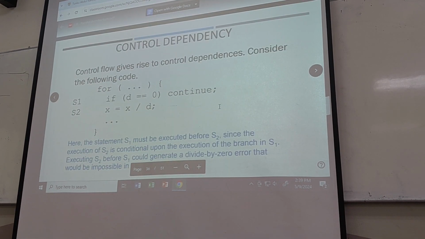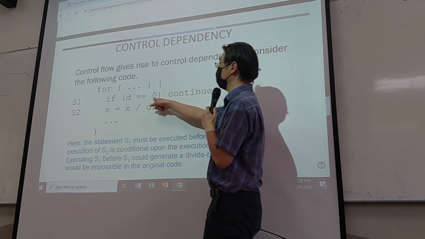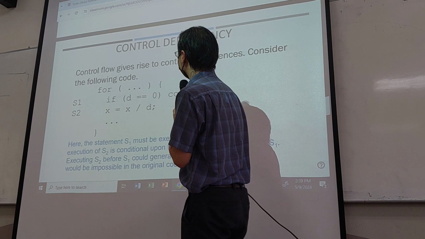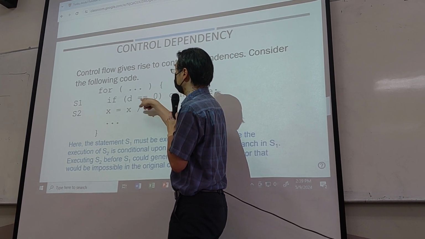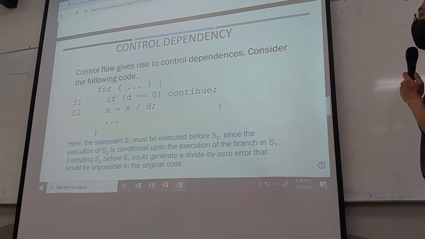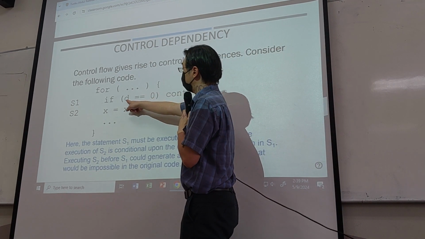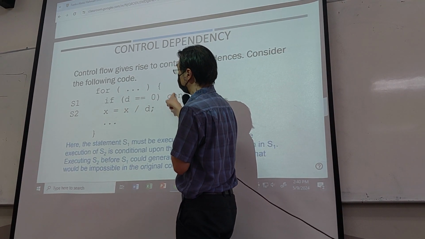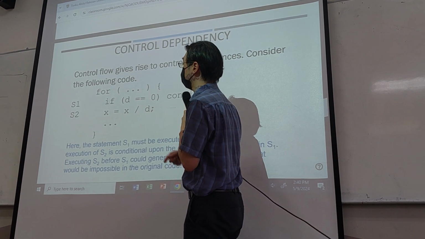Control dependency is related to anything that is related to a condition like this. Why is it called control dependency? The flow of the program depends on the data. That means it changes the flow of your program execution. For example, in this case, if D is equal to 0, then it will not get past this point and will not execute S2.